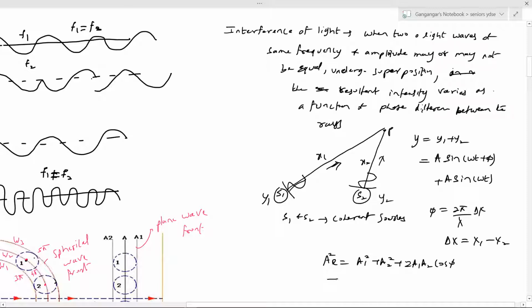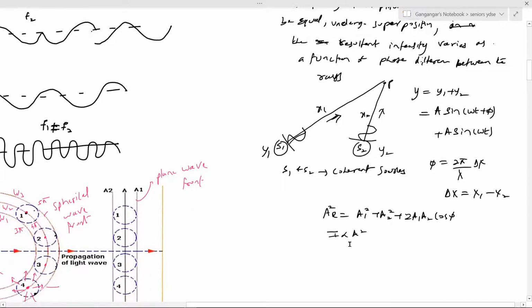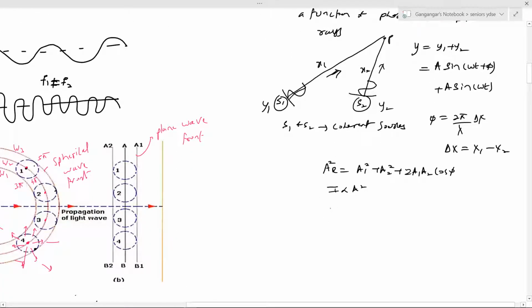Intensity is directly proportional to the square of amplitude, so the resultant intensity is IR equals I1 plus I2 plus 2 root I1 I2 cos phi. Since A1 equals A2, we can write I1 equal to I2 equal to I naught. The intensity at that point depends on the path difference of the waves arriving there.